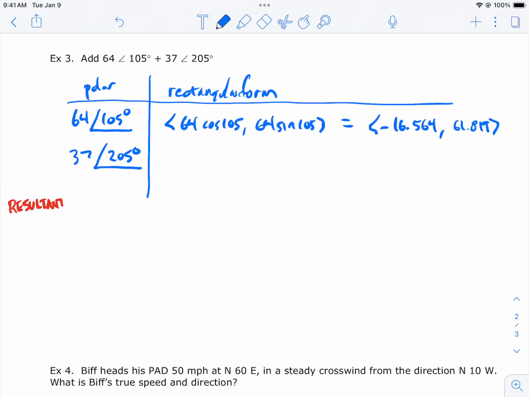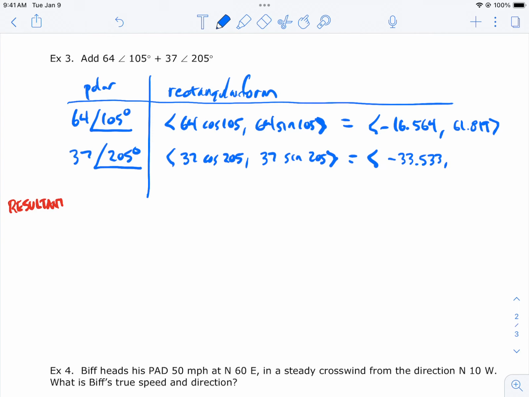That was fun. Now you do the same thing with this vector. So r cosine theta, r sine theta. That's supposed to be an angle bracket. So what are we getting this time? Well, 37 cosine 205. I got negative 33.533.